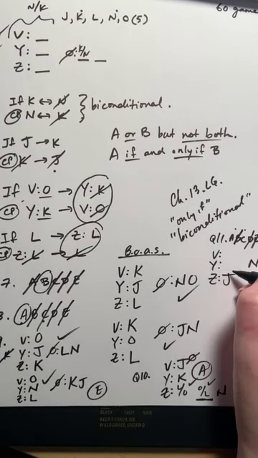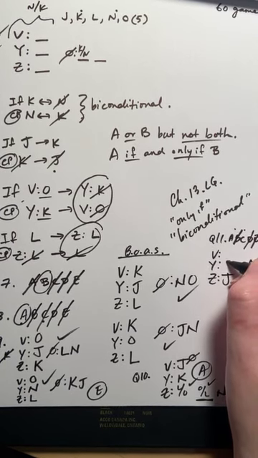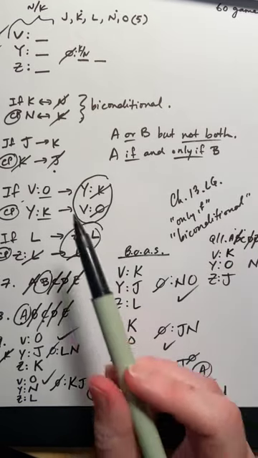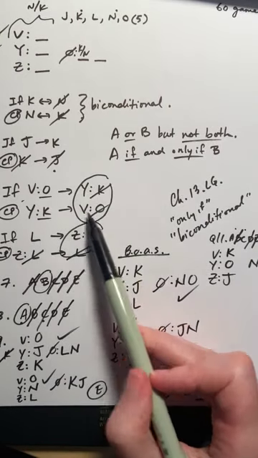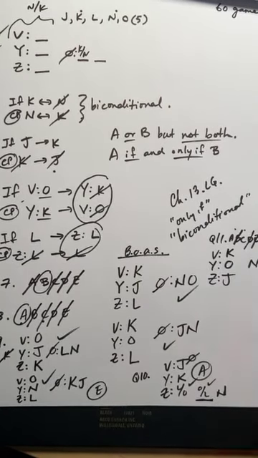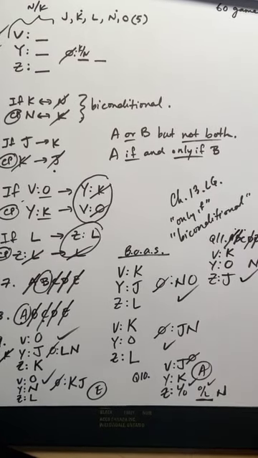And then what do we have left over? We have O and K. We would have to put them like this because we can't put O and V and K and Y. That's not allowed, so that would work. So that means A is out, which means C is not possible.